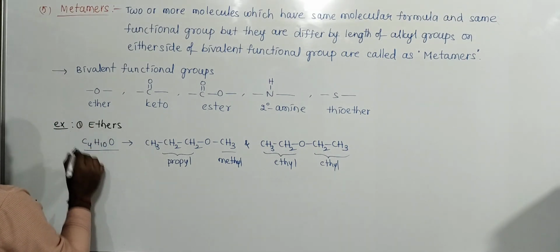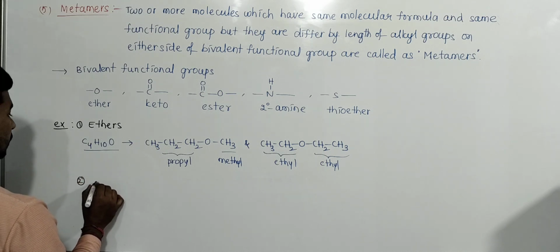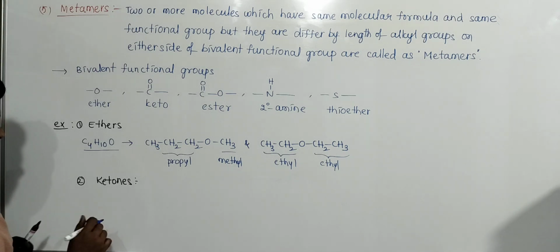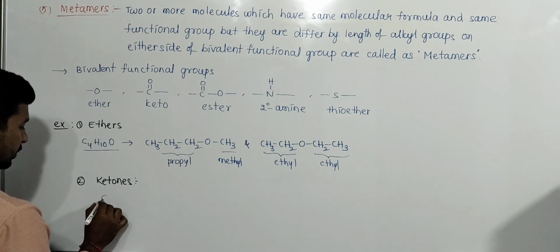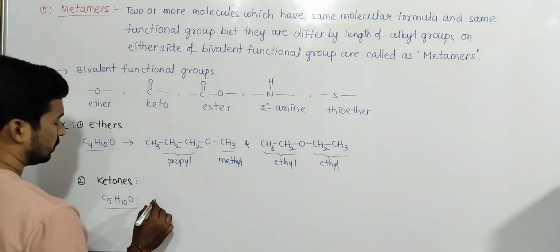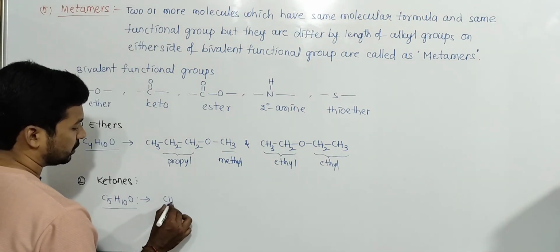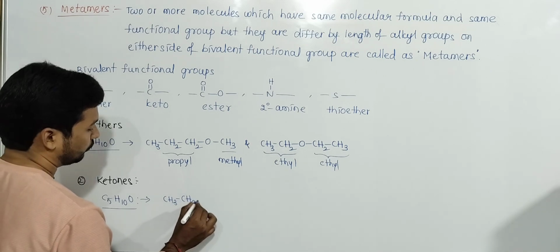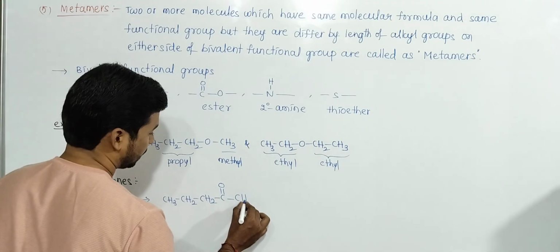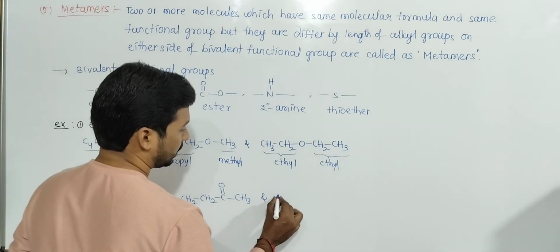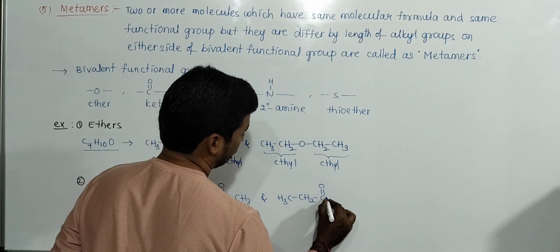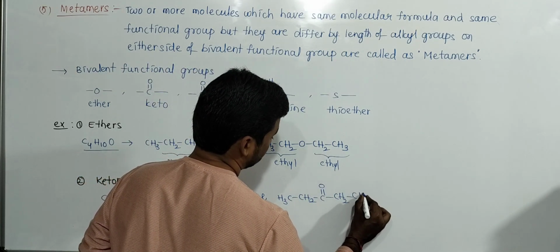Next example, ketones. In ketones, if you take the molecular formula C5H10O, here CH3, CH2, C double bond O, CH3, and the other molecule CH3, CH2, C double bond O, CH2, CH3.